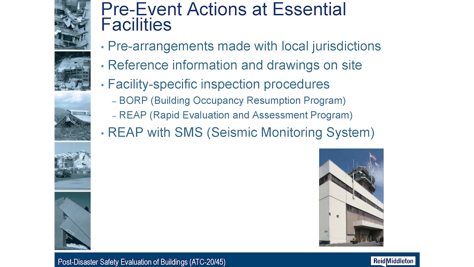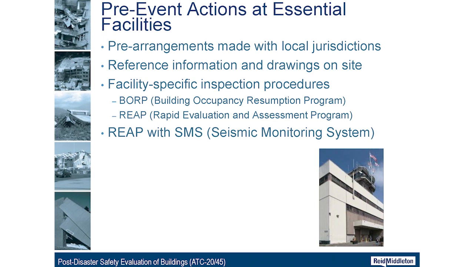There's a couple of programs in the Bay Area. There's basically a way for private building owners to pre-arrange assessment of their buildings called BORP, Building Occupancy Resumption Program. There's also, we've assisted in developing what we've called REAP, which is Rapid Evaluation Assessment Program, which is essentially, the idea is to take the intent and content of ATC20, which is generic for any building, and pre-document all the specific things for a particular building.